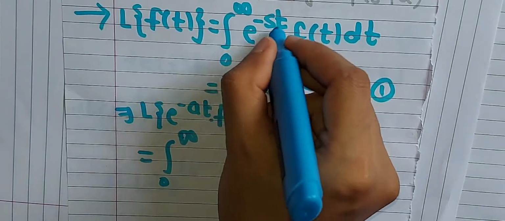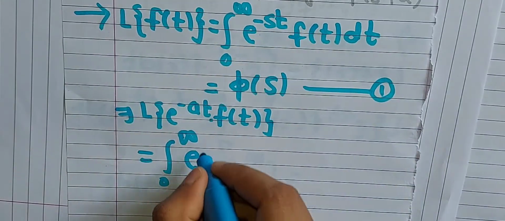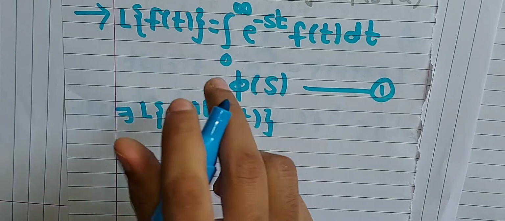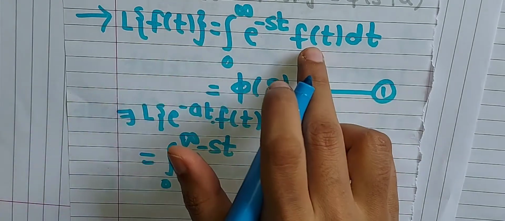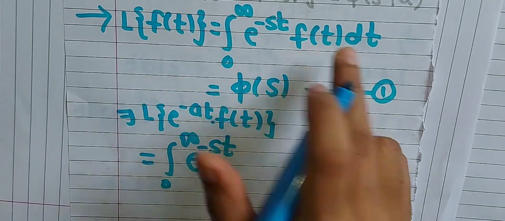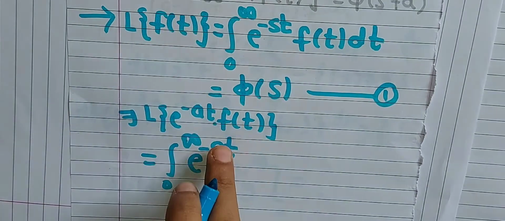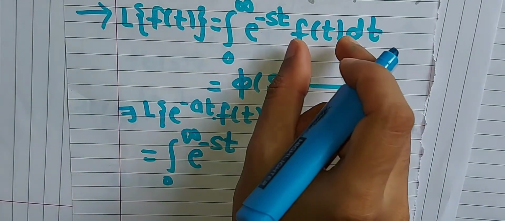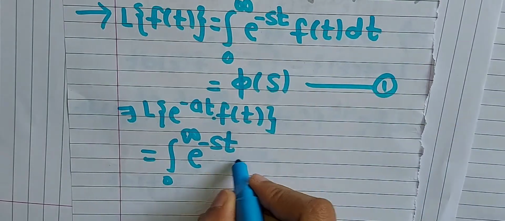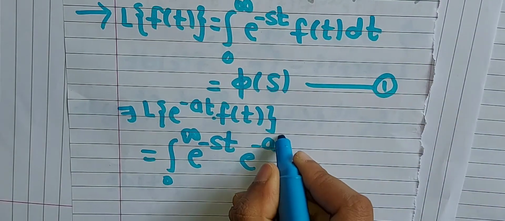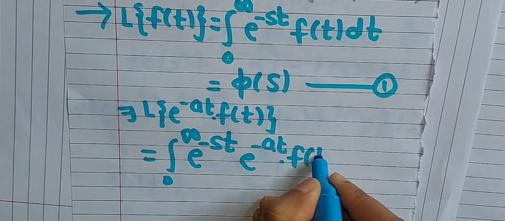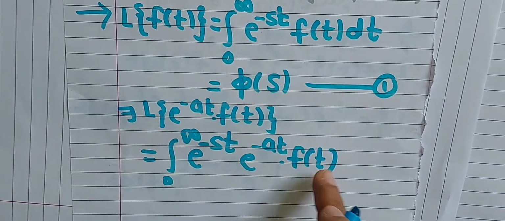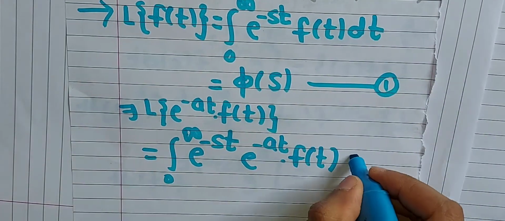The first term is always fixed, therefore take it as e raised to minus st. In place of f of t we now have e raised to minus at into f of t, therefore put this here, and the remaining dt write as it is.